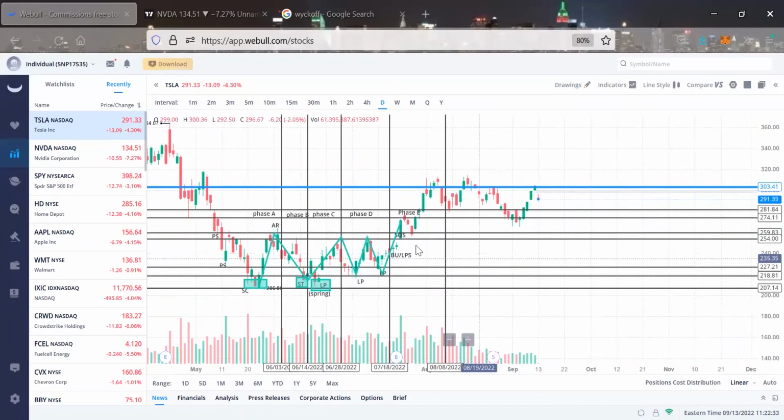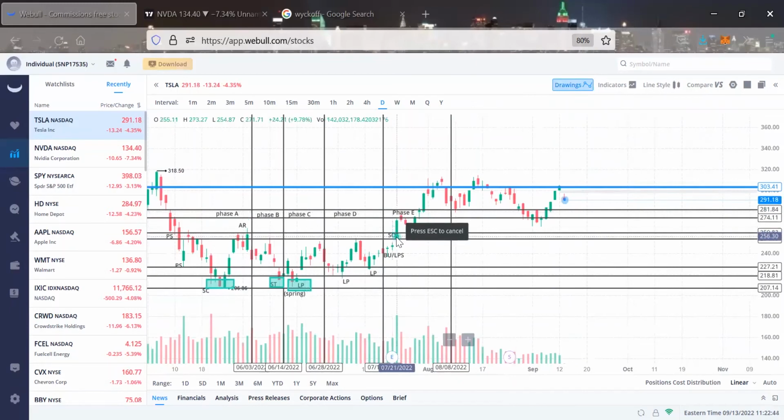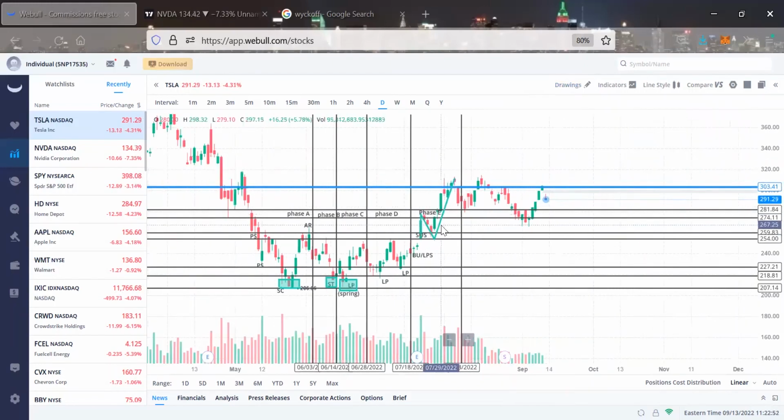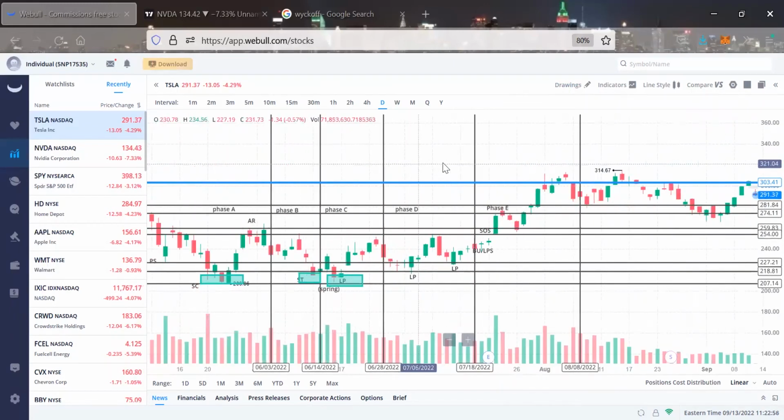And then once we have that pullback to that resistance, we have that phase E of that rally, right there. You guys see that? These are the market phases, the phases of the Wyckoff method, from Richard Wyckoff.